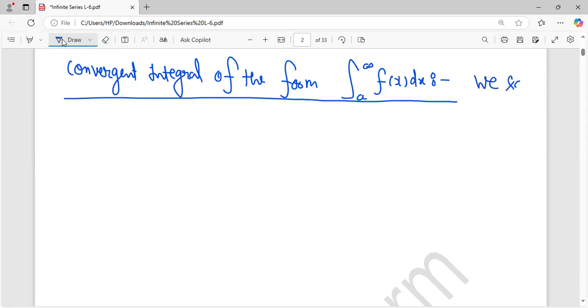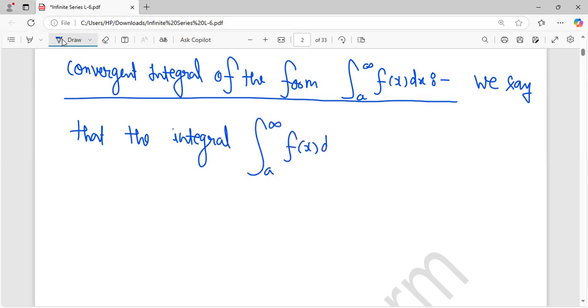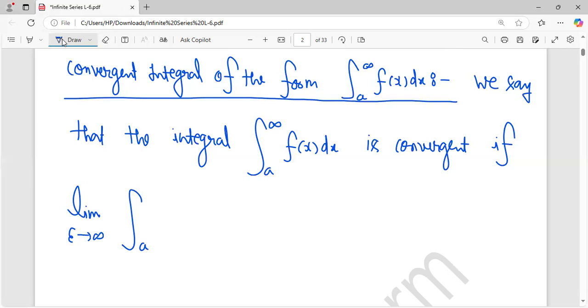We say that the integral a to infinity f(x) dx is convergent if the limit as epsilon tends to infinity of the integral a to epsilon f(x) dx exists.